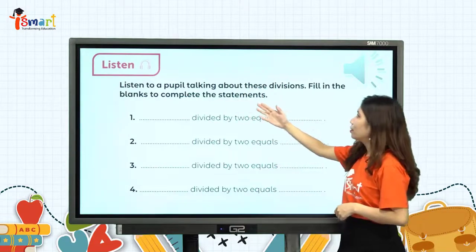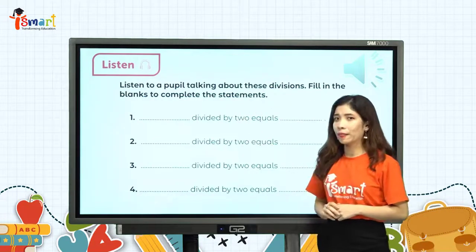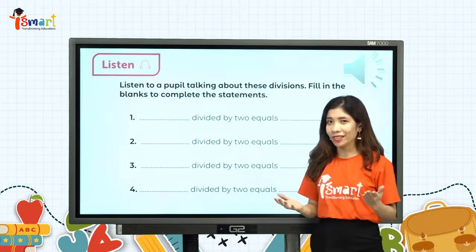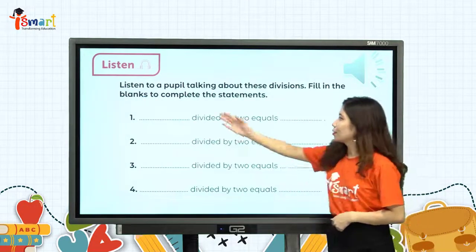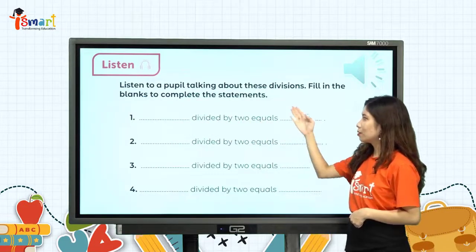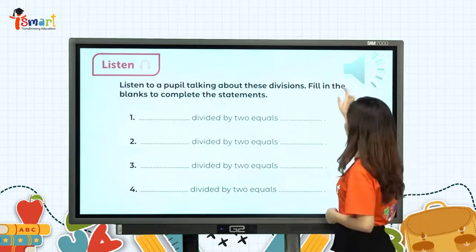You listen to a division and then fill the blank. You can write a number or a word if you want. What number divided by 2 equals what? Okay. So now, listen carefully.